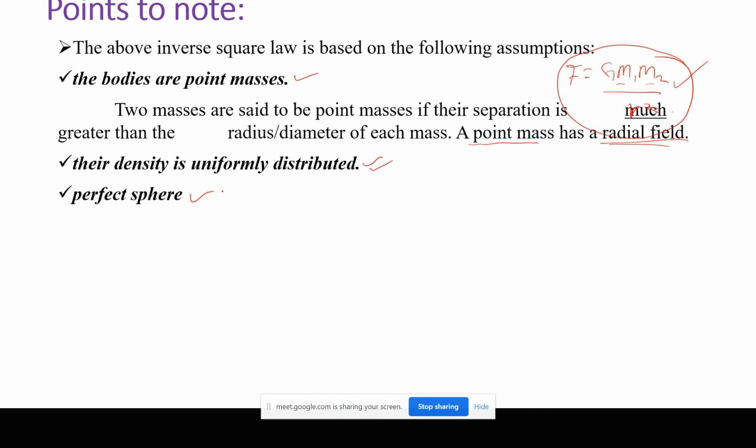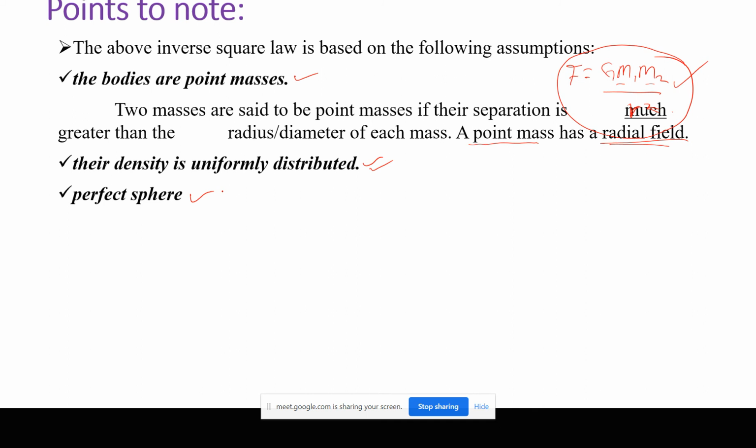But at the center of the Earth, the mass is 0. So if you are at the center of the Earth, you don't experience any force due to the Earth. So the field strength at the center is going to be 0. We have also seen that since attractive forces pull equally in all directions, if you are standing at the center of the Earth, then the resultant force on you is going to be 0.